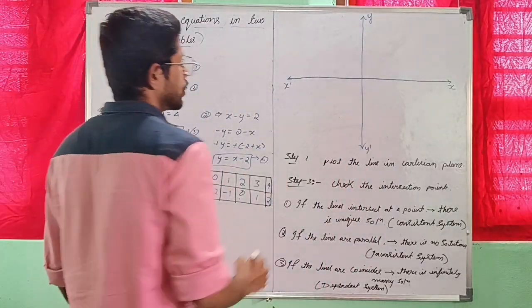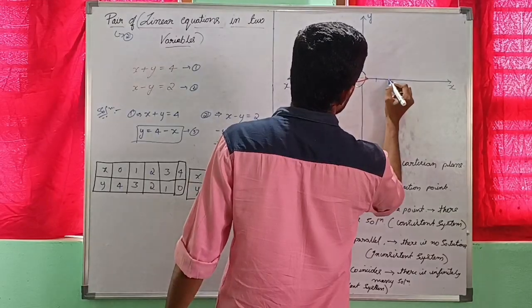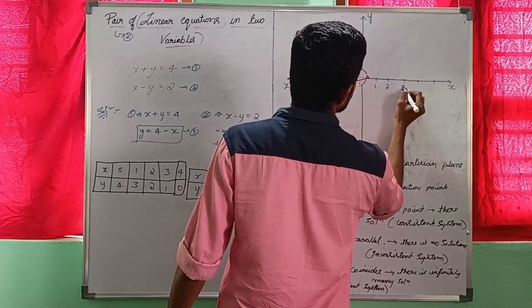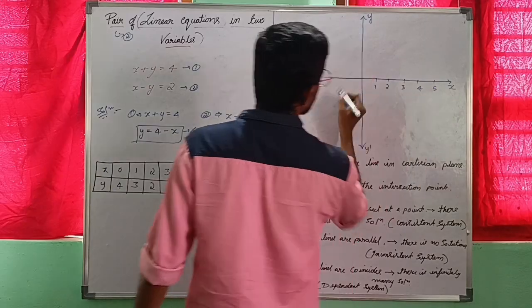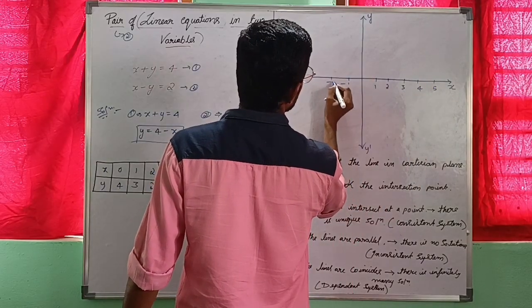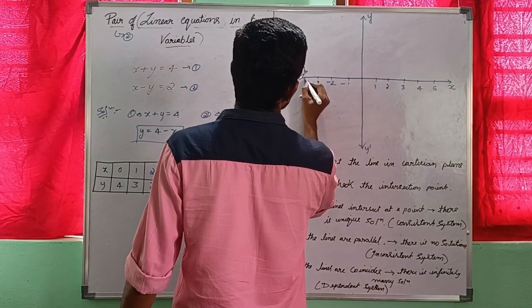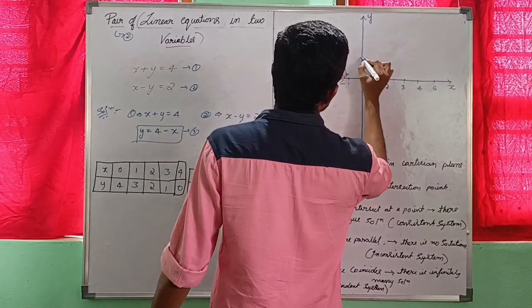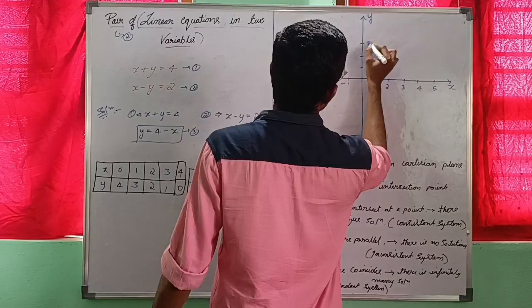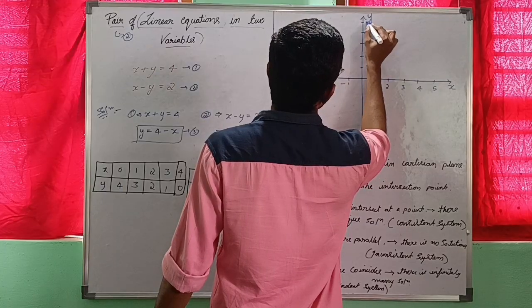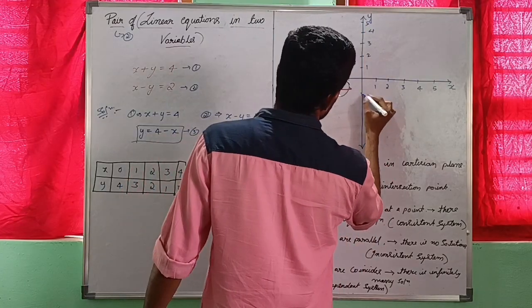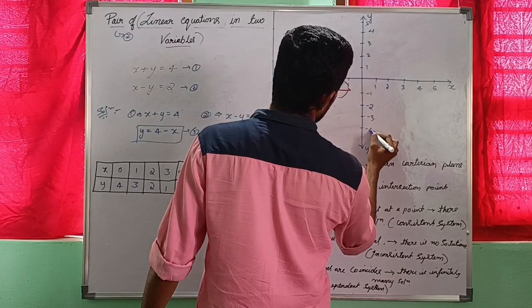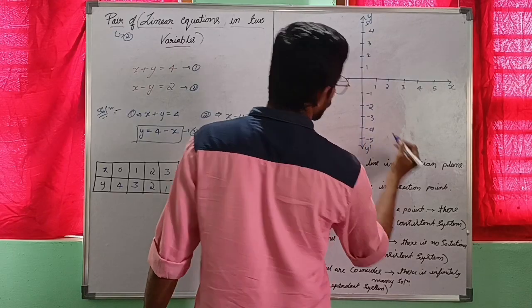And these are the values: 1, 2, 3, 4, 5. Minus 1, minus 2, minus 3, minus 4. 1, 2, 3, 4, 5. Minus 1, minus 2, minus 3, minus 4, minus 5.